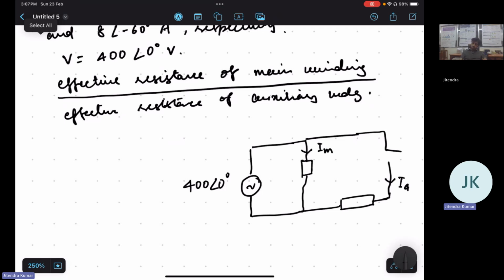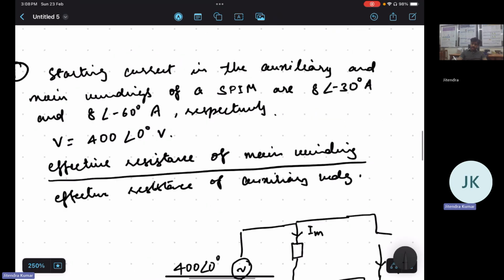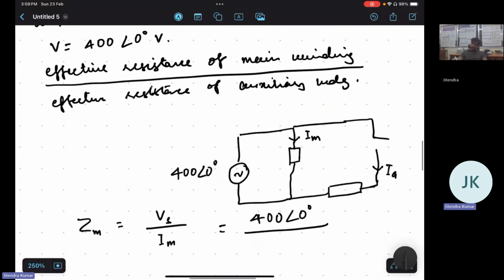So let us calculate the impedance of main winding. Impedance will be voltage divided by IM, that is, V phasor, which will be equal to 400 angle 0 degree, where the current flowing in main winding is given as 8 angle minus 30 degree.